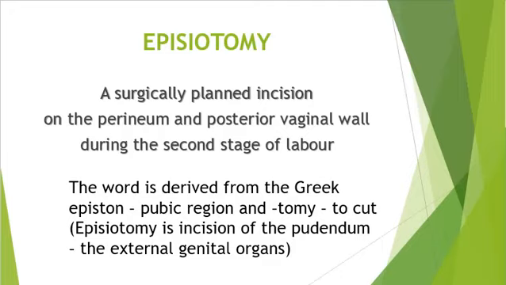So episiotomy, as far as the literal meaning is concerned, is incision of the pudendum or the external genital organ. The more appropriate word would be perineotomy. However, perineotomy is usually not used, or it's used along with episiotomy.